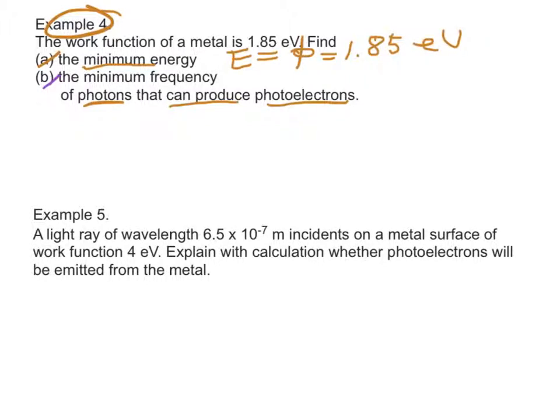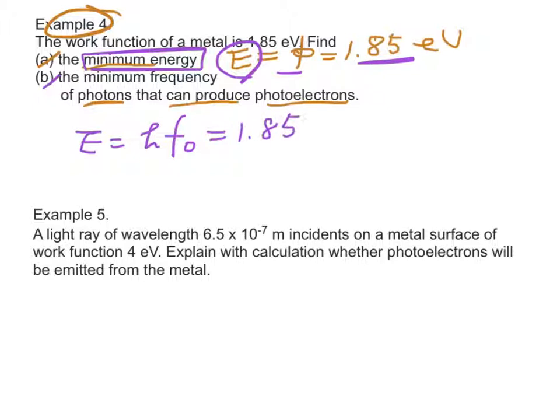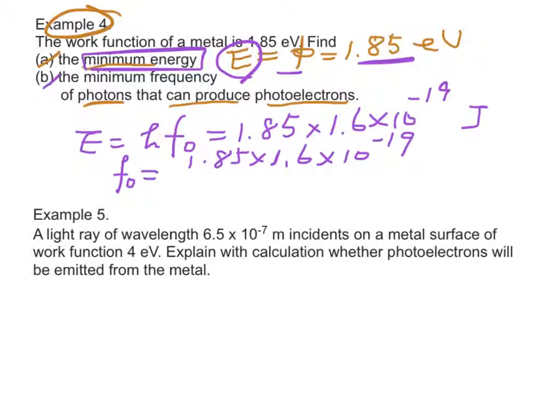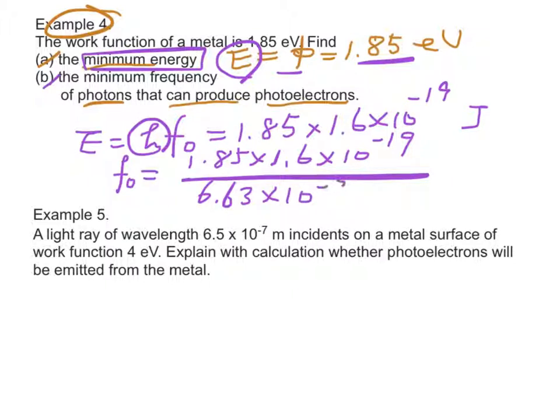For Part B, since the minimum energy E equal to hf0 equal to phi, which is 1.85 eV, equal to 1.85 times 1.6 times 10 to the power negative 19 joules, we have minimum frequency equal to 1.85 times 1.6 times 10 to the power negative 19 over Planck's constant, which is 6.63 times 10 to the power negative 34.